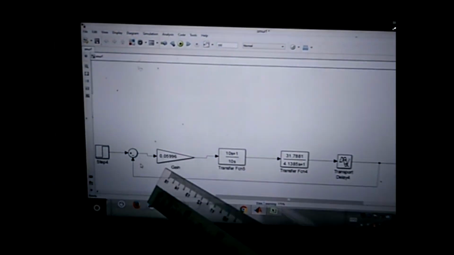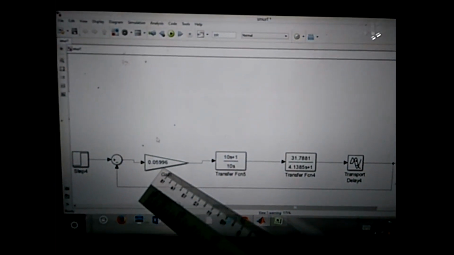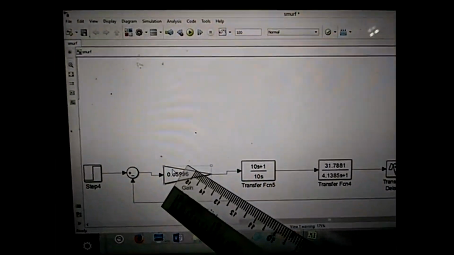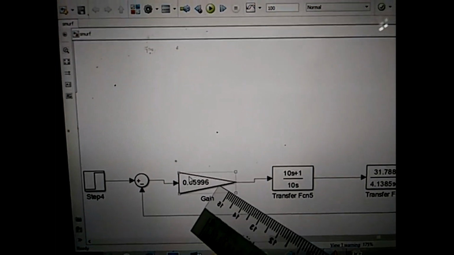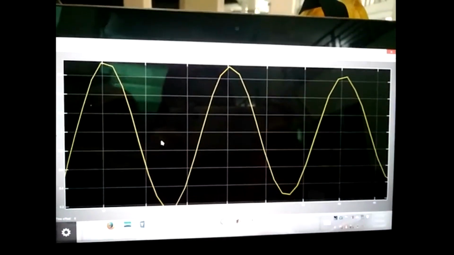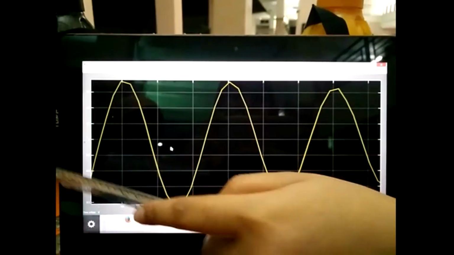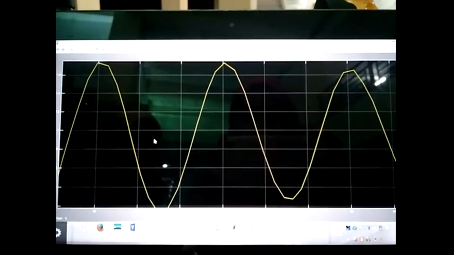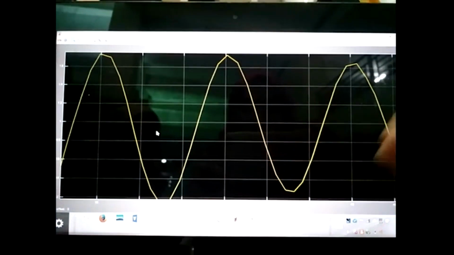Alright, next we will proceed to the online tuning, where we will manipulate our KC here. By manipulating this, we will manipulate our KC until the oscillation amplitude is almost the same.